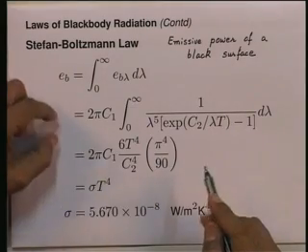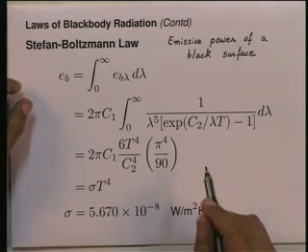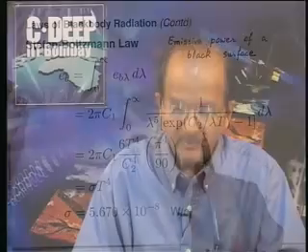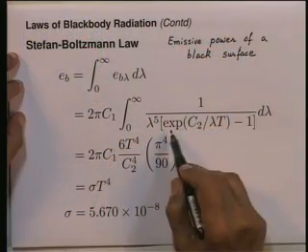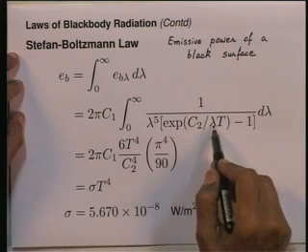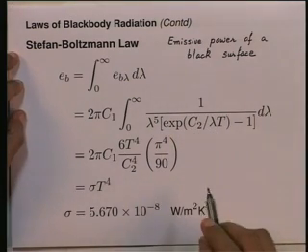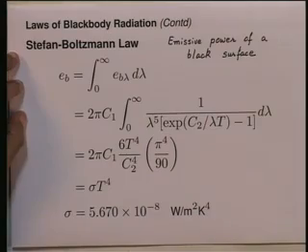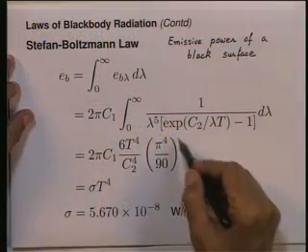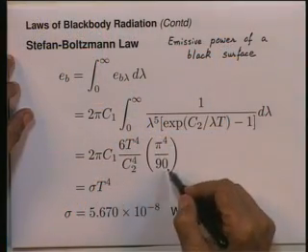I am not going to do it here in the class, but what I am going to tell you is it is possible to perform this integration by expanding the e to the c 2 by lambda T term into a power series, and then integrating term by term. If you do that, you will get the result in the form of a convergent series which sums up to pi to the power of 4 upon 90.